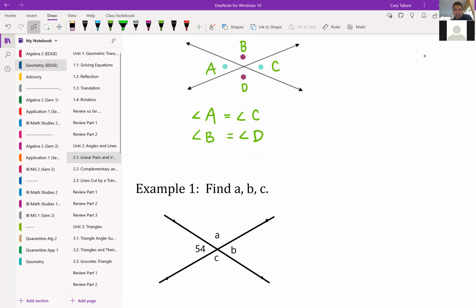Does anybody have any idea for A? What's A? Somebody said 154. Now, how did she get 154? Then you said 126. Anybody else? Any other ideas?